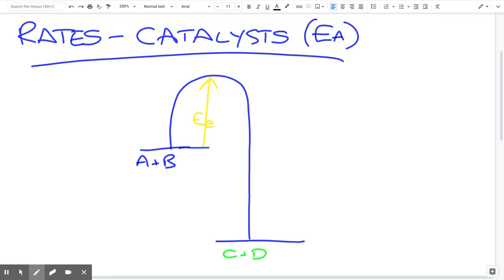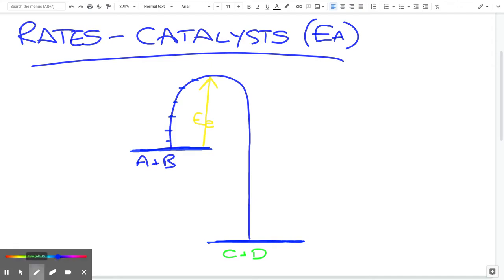But we're going to try and affect the profile of this diagram. What we can see is that this activation energy is essentially a barrier to reaction. What we have is an activation energy, a minimum amount of energy required for a successful reaction to occur. And if we don't have that amount of energy, then reactions at specified energies like these don't occur.